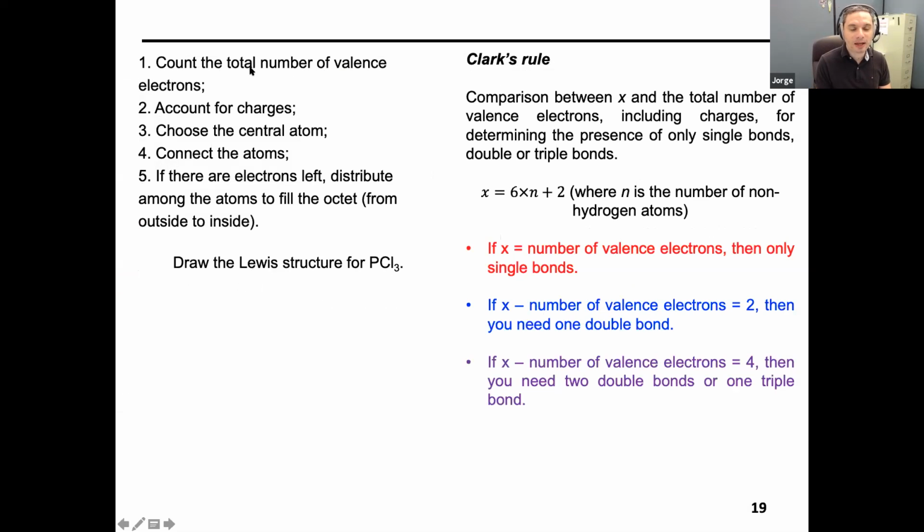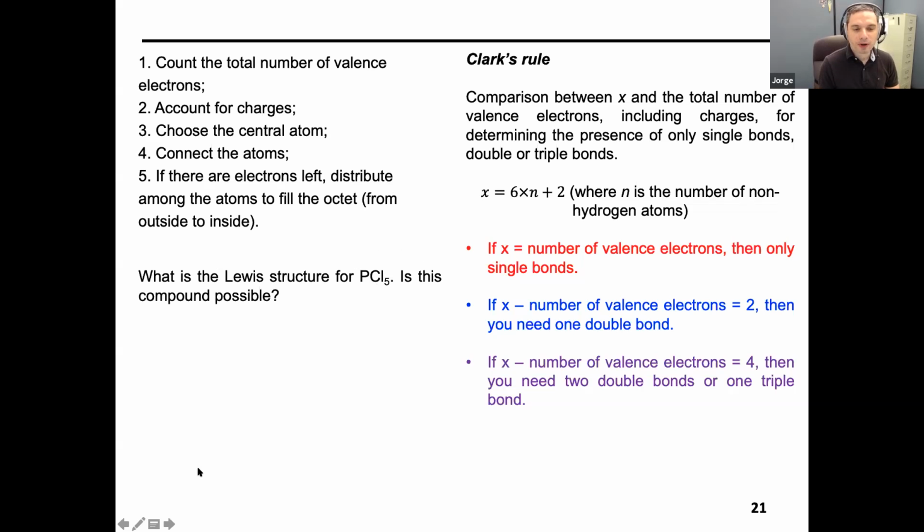Again, this is a guide. At some point, you have to judge if you are going down the right path or not, okay? I can't do all the work for you. At some point, you have to use your knowledge to figure out the direction you are going. And the last example I showed was for PCl3, okay?